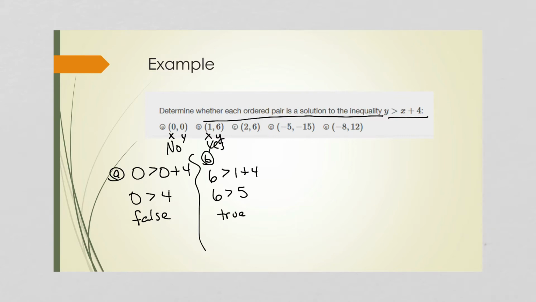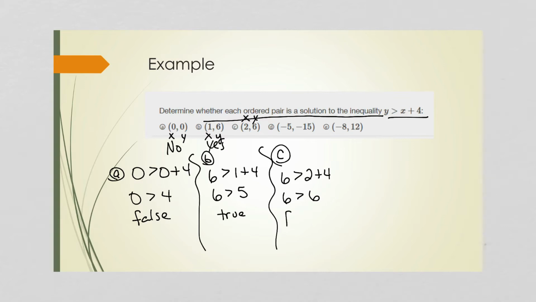On this next one, we put in 2 for x and 6 for y and see if that makes a true statement. So 6 is greater than 2 plus 4. 6 is greater than 6.